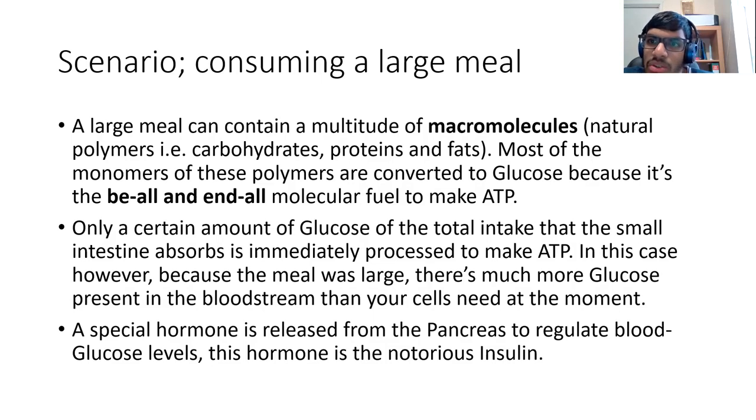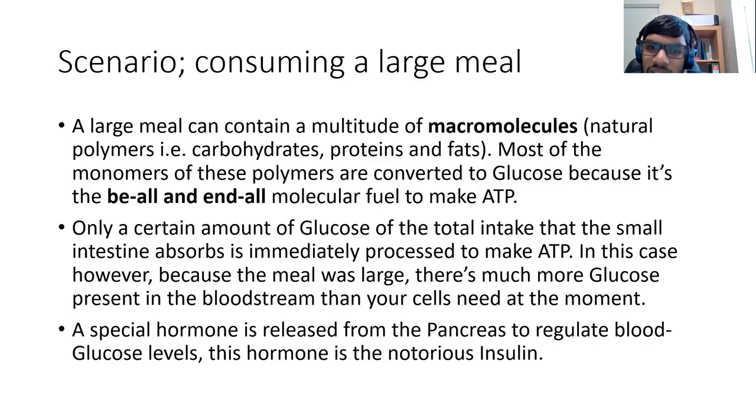We can actually use other monomers from other macromolecules such as fatty acids to make ATP, but it's a much more arduous and difficult process, and it requires much more reactions than just simple cellular respiration. But glucose can be put into cellular respiration immediately because it's the be-all and end-all molecular fuel.